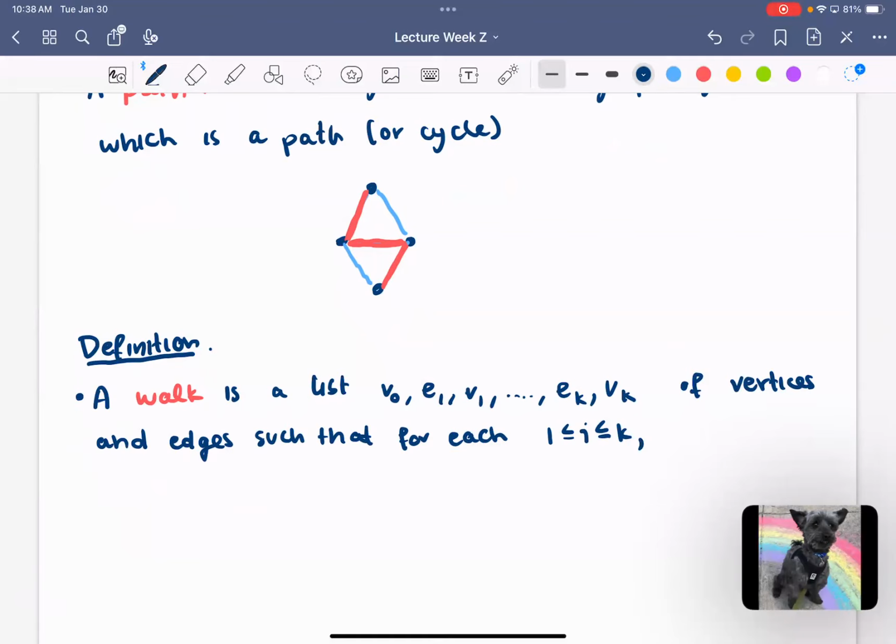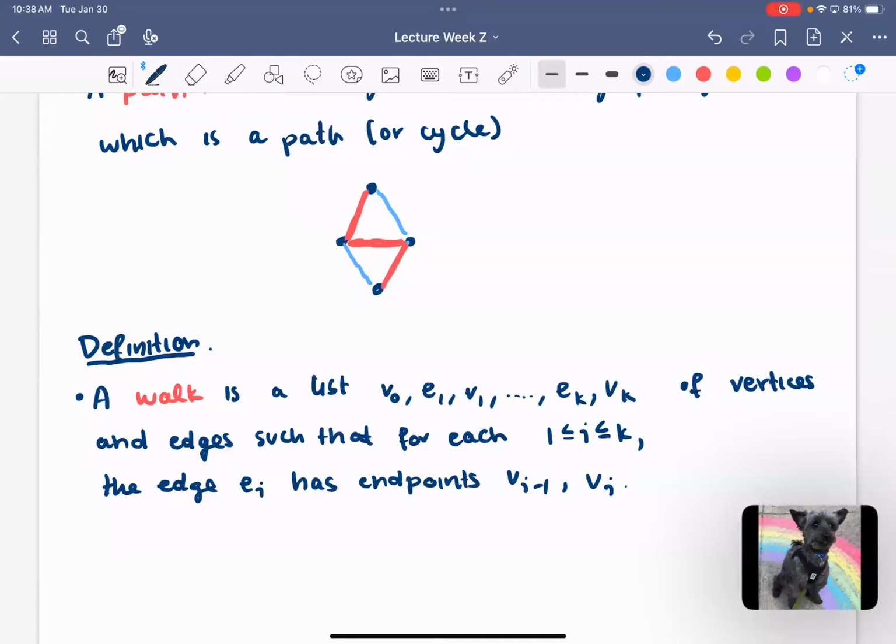So the edge E_i has endpoints V_{i-1} and V_i.